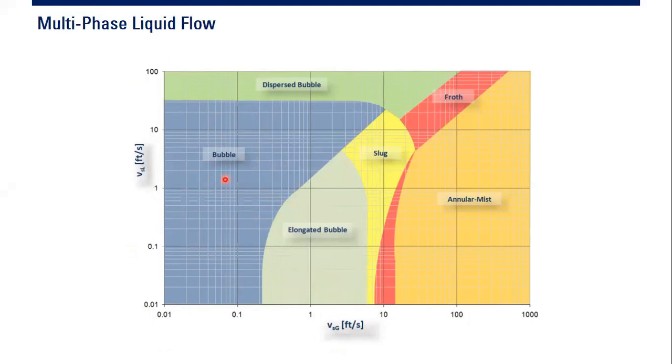Here are the zones for dispersed bubble flow, elongated bubble flow, slug flow, froth flow, and annular flow. Of course, the flow regime will finally influence the wellbore performance. That's why we need to understand at least the basics of this flow regime.